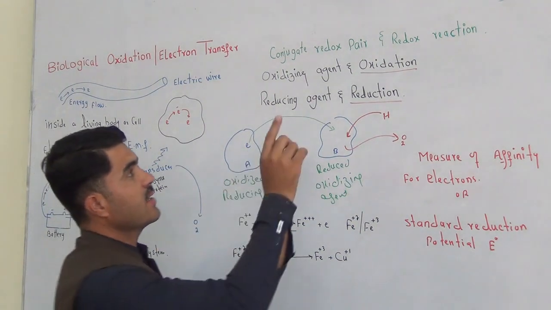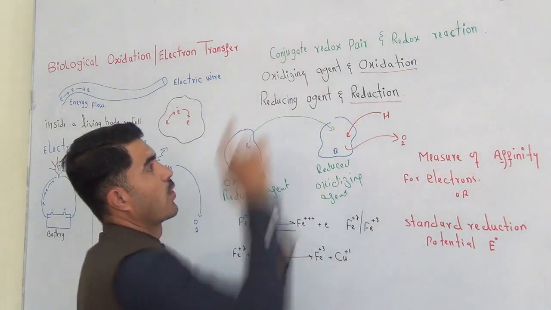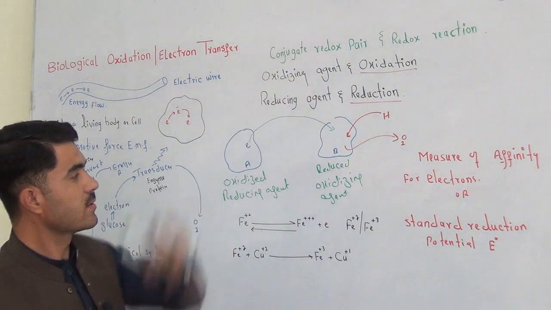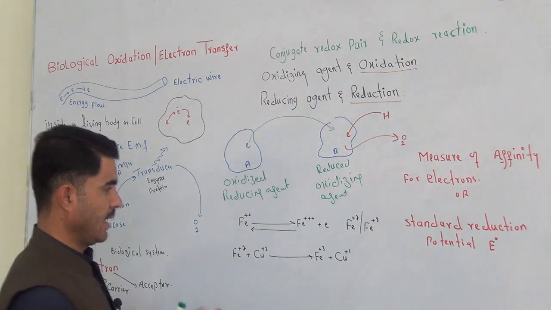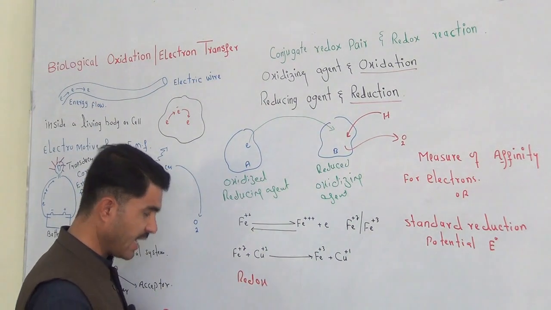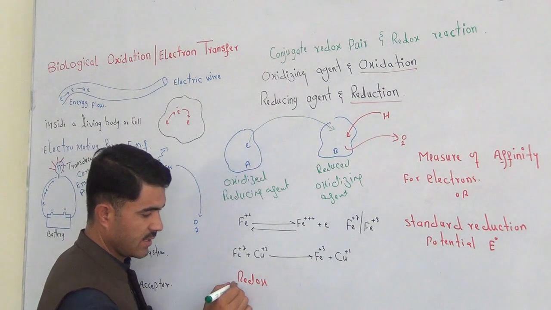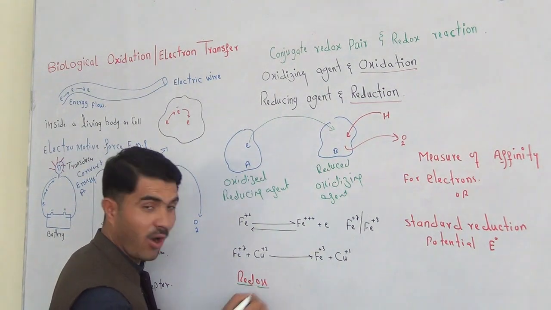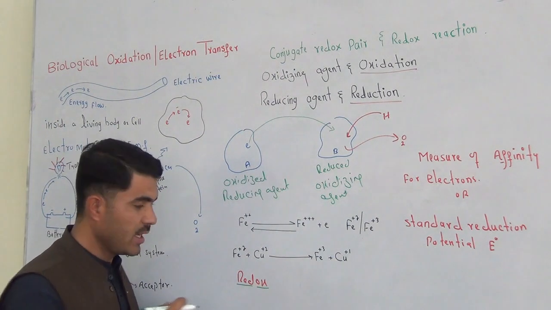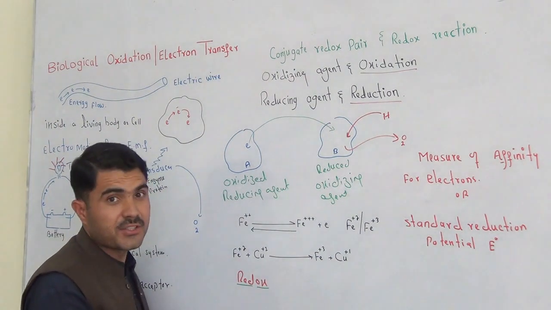Now here is the conjugate redox pair. If I write here redox, actually there are two words: red and ox. Red stands for reduction, ox stands for oxidation.